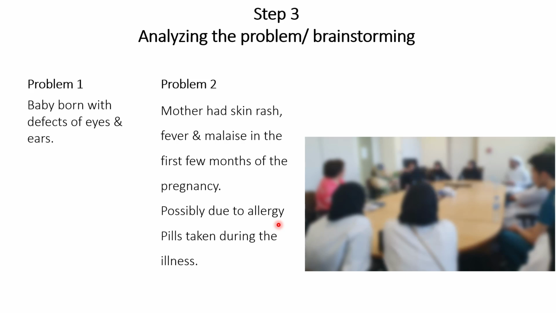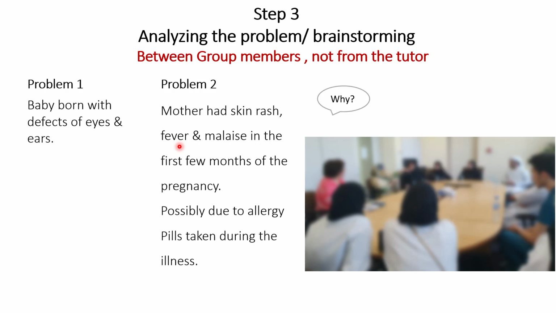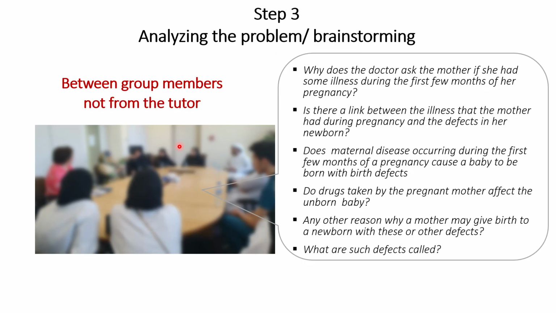Then step three in the 7 jumps: we have a problem related to the baby and a problem related to the mother, and then they should brainstorm within the group, not the tutor, not the facilitator, explaining the elements and asking these questions: why, how, what, where, when. This is called brainstorming, and it is between the group.